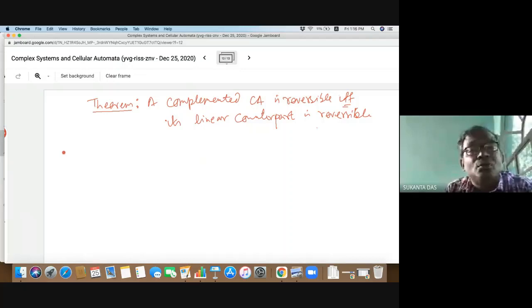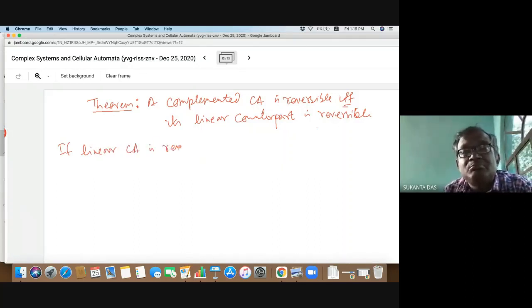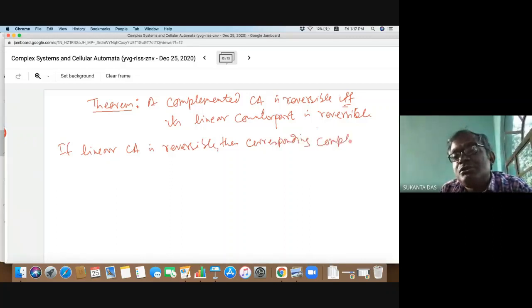So one is, if the linear CA is reversible, then the corresponding complemented CA is also reversible.